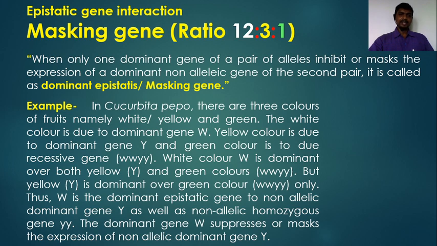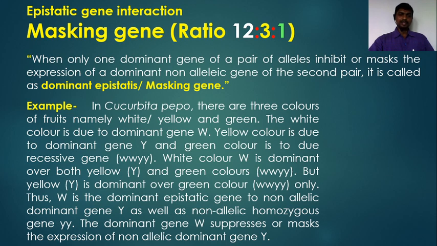Yellow color is due to the dominant gene capital Y, and green color is due to the recessive genes small w small w, small y small y. White color W is dominant over both yellow Y and green colors, but yellow color is dominant over green color only.